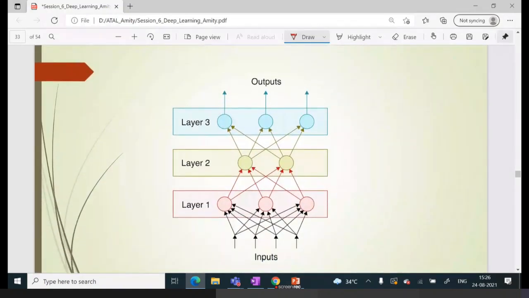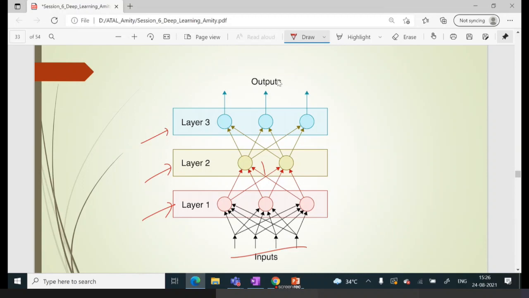Again, like I mentioned earlier, why is it called deep learning? Because as you can see, these layers are stacked from the bottom up. So here is your input. This is your layer 1, this is your layer 2, this is your layer 3.